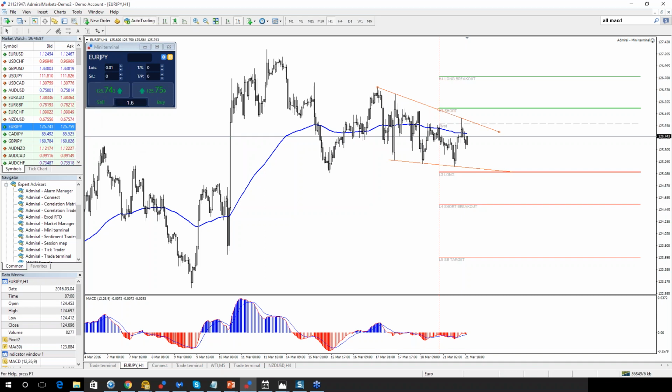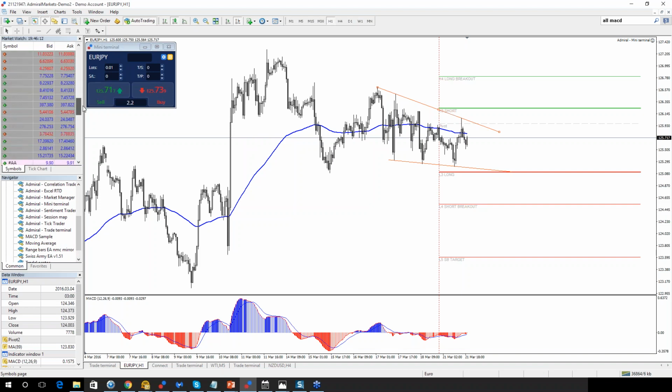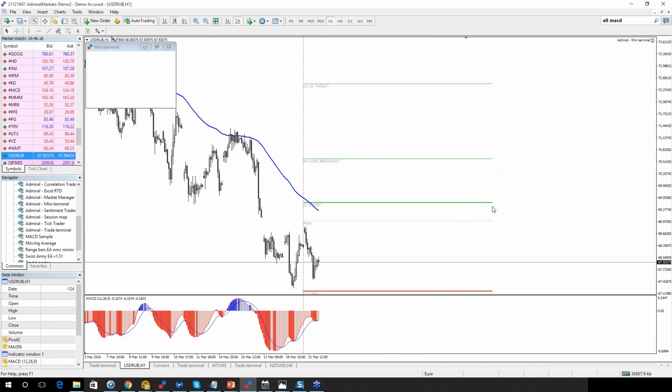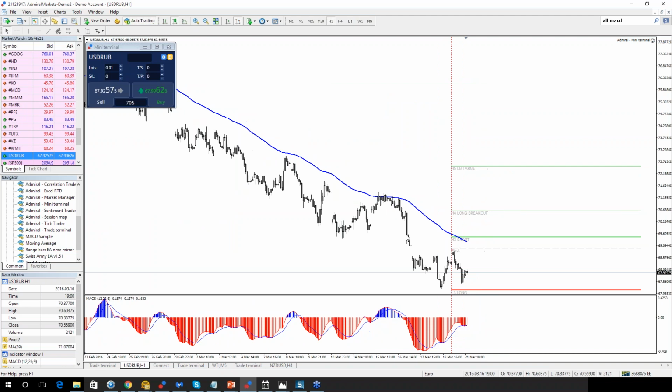Dollar ruble. Let's see, dollar ruble. I think I have found this here. See, a lot of gaps here. But the trend is to the short side.